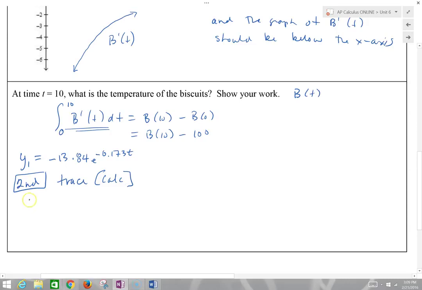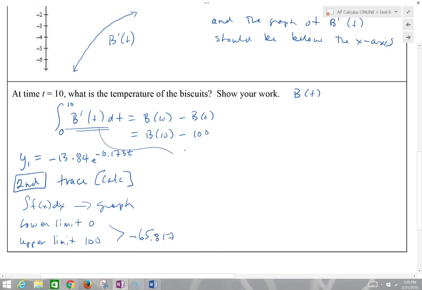And from there, you're going to scroll down until you get to this button, and then it's going to graph. And when it graphs it, you'll see the function, and then it's going to ask you for a lower limit, which is 0, and upper limit, which is 10.